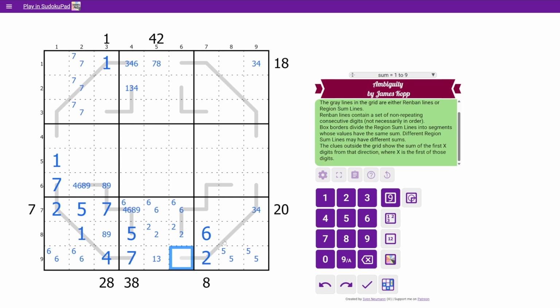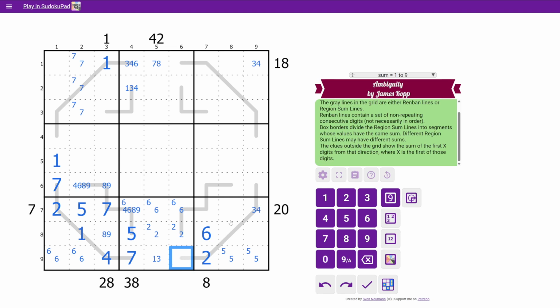And that could be a 2, 3, 4 along the way there. I think it would have to be, yeah. It couldn't be an 8 though, because it would be... so if this is a region sum, this is a 9.